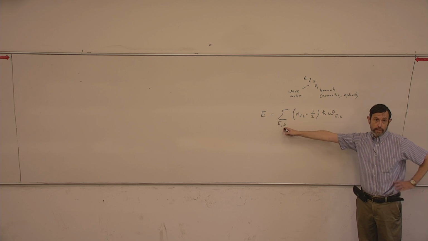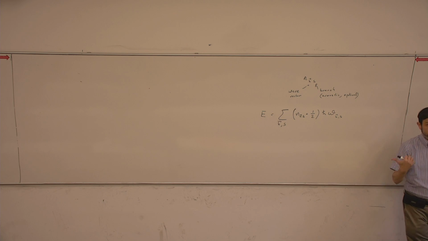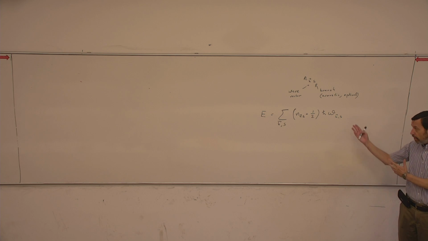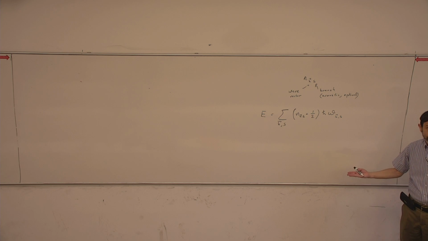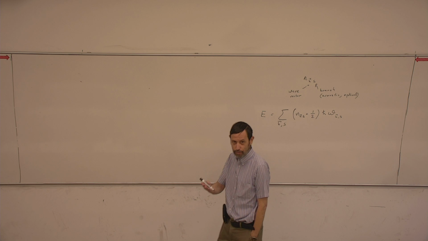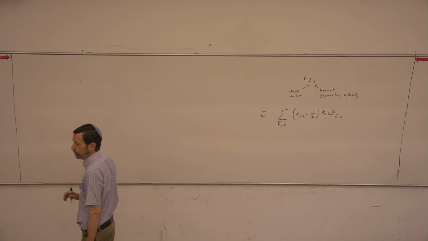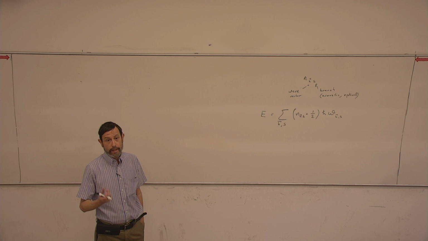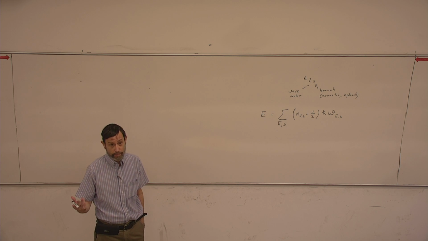But I have to take into account the fact that I have different oscillators for different k's, and the value of omega is different for each k and for each branch. From where do I take it? From the classical solution. That's exactly the dispersion relations that we calculated in the previous lectures, where we got omega as a function of k.